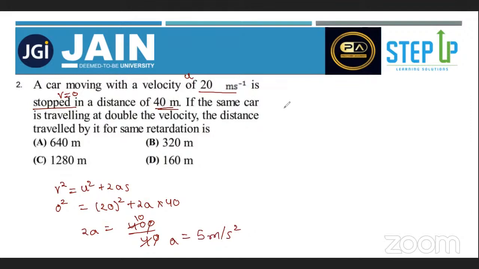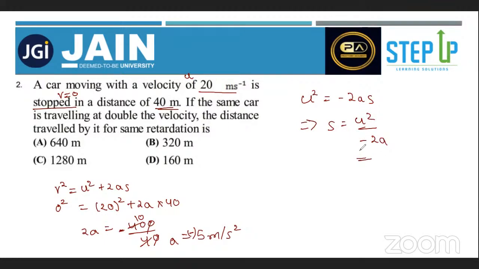Now, this is for the first case. As this is the same car, the acceleration remains the same. Here also the a will be negative, so I'll get minus 400. The negative sign just specifies that it's a retardation, a stopping acceleration. Same here also, u square will be minus 2as. I need to find s, which is u square upon minus 2a.